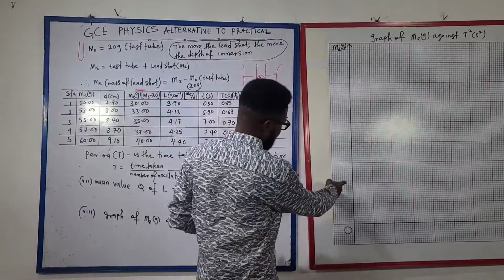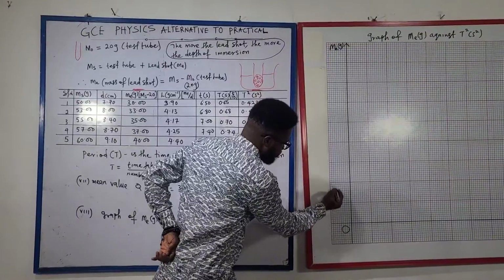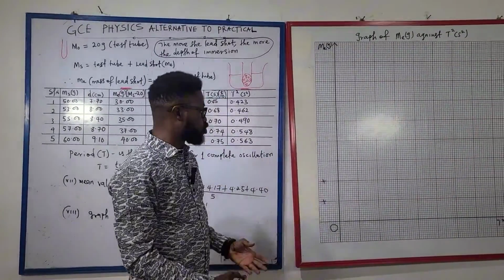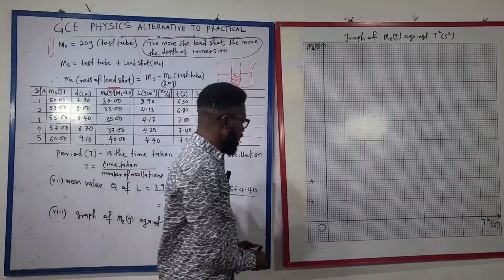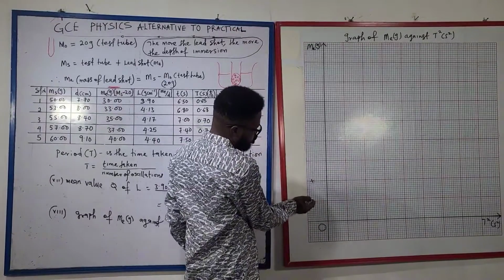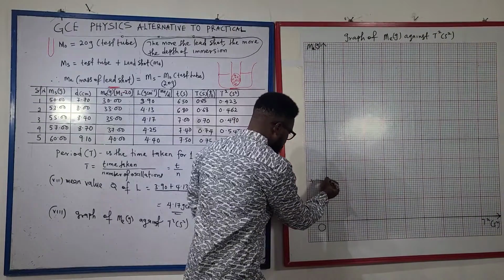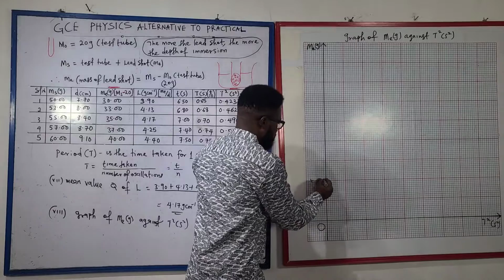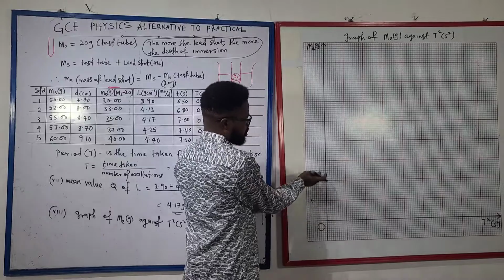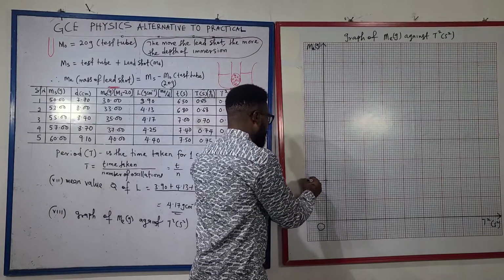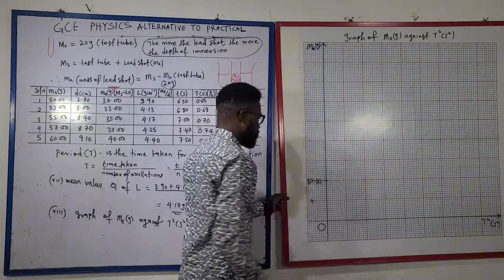So I'm thinking 10, 20, 30, 40. In case you don't know, from here to here on your paper graph, that is 2 centimeters. So I'm going to take here to here as 2 centimeters. So 2 centimeter, 2 centimeter, that is 4 centimeter to represent 10 units.